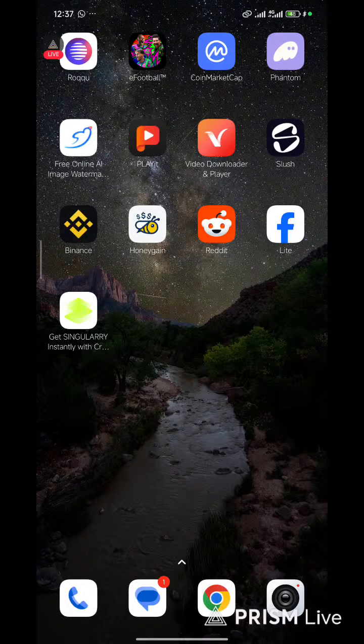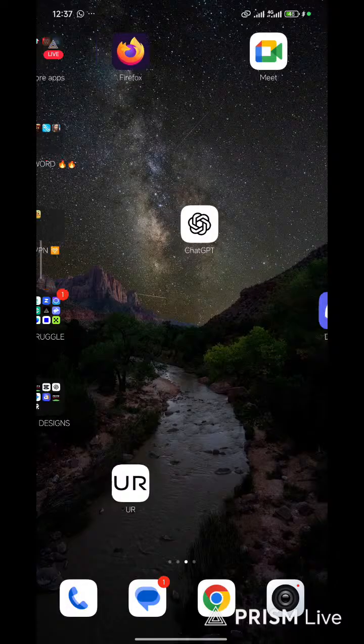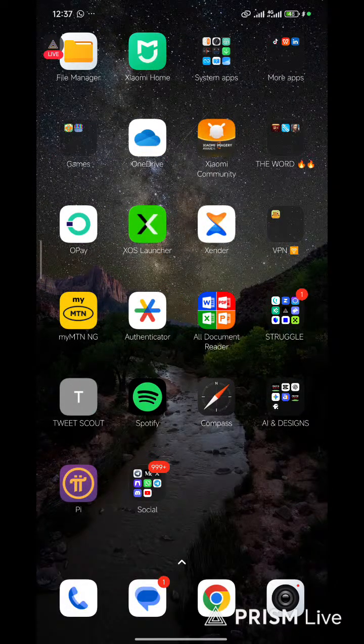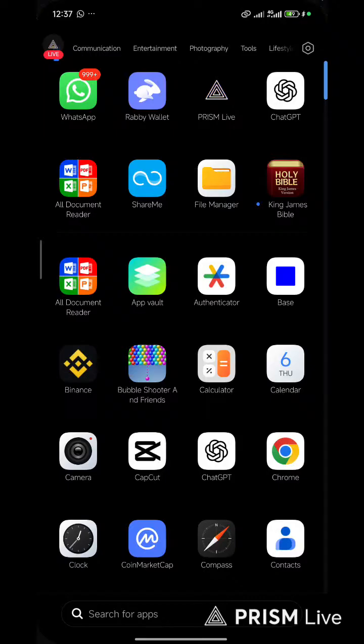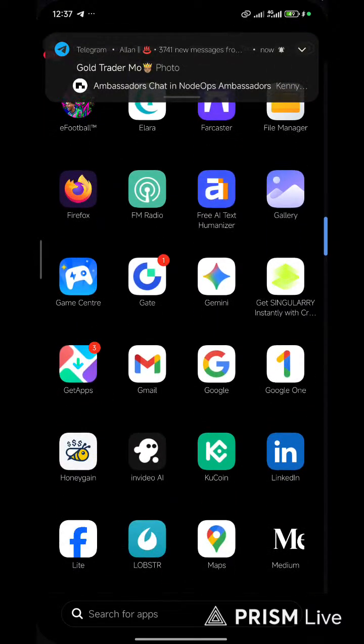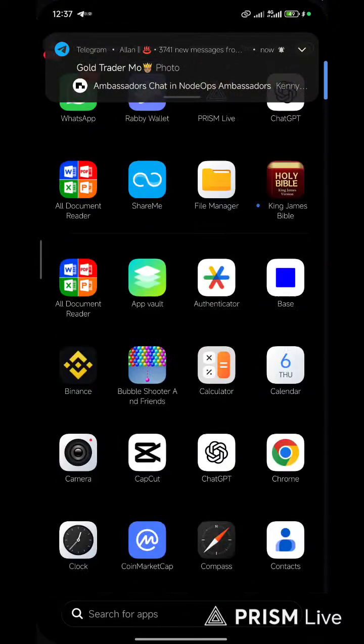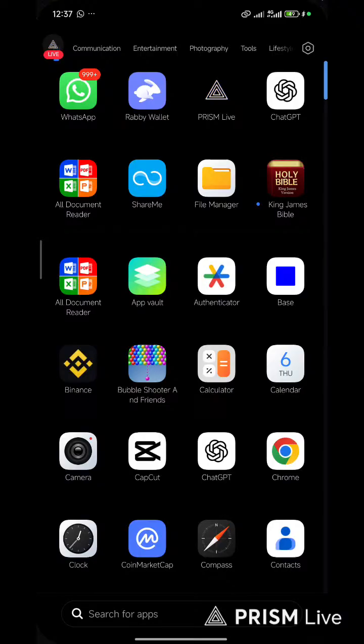Guys, before we jump into our lectures, the platform I'm going to use is the KuCoin Futures Exchange app. Okay, I've got it here already in my application.